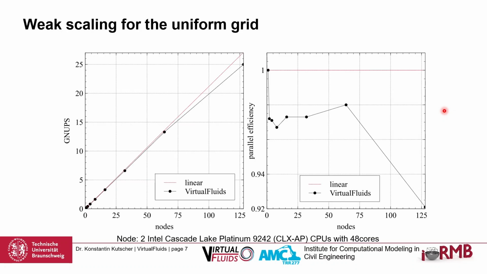On this slide you can see weak scaling for the uniform grid. On the left side is the speedup plot, and you can see the performance of VirtualFluids is very close to linear scaling, we can say ideal performance scale.